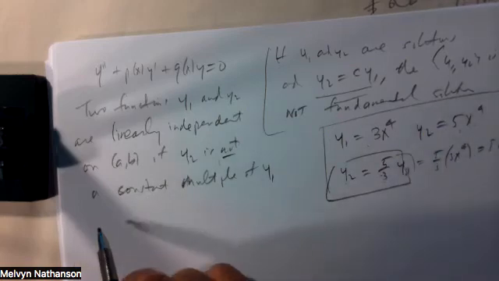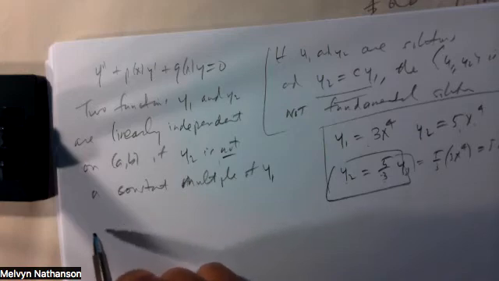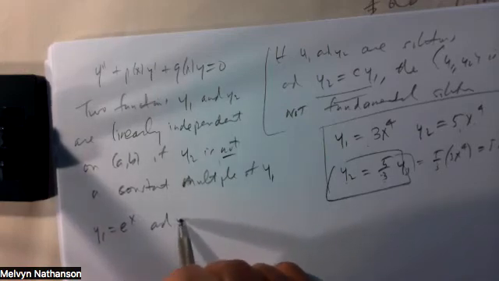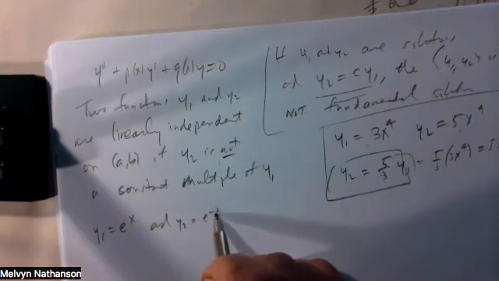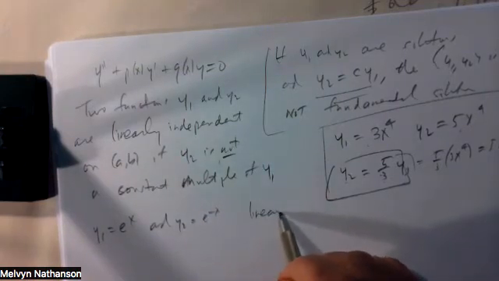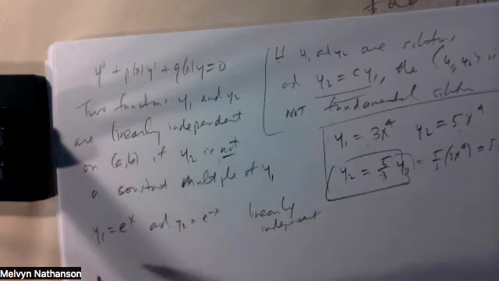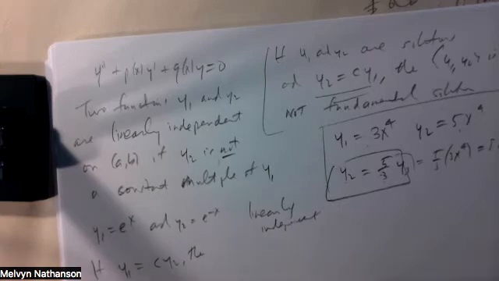But for example, if I take y1 equal to e to the x and y2 equal e to the minus x, these are linearly independent. Because if y1 is some constant c times y2, that means that e to the x is some constant times e to the minus x.